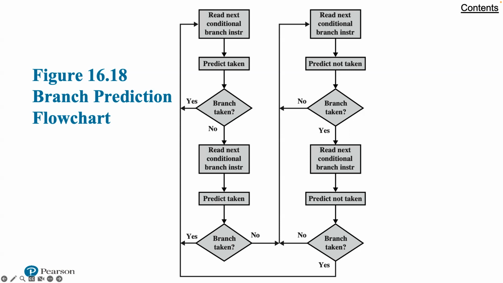Only if two successive branches are not taken does the algorithm shift to the right-hand side of the flowchart. Subsequently, the algorithm will predict that branches are not taken until two branches in a row are taken. Thus, the algorithm requires two consecutive wrong predictions to change the prediction decision.